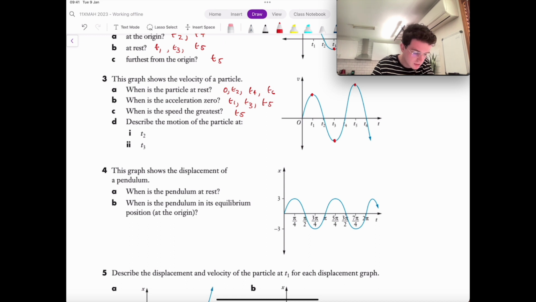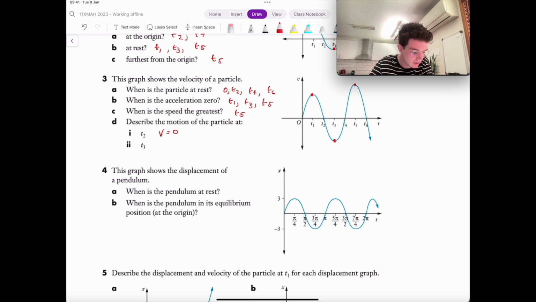Describe the motion of the particle at t2. Well, the motion of the particle at t2 is when its velocity is equal to 0, because it's at the x-axis.